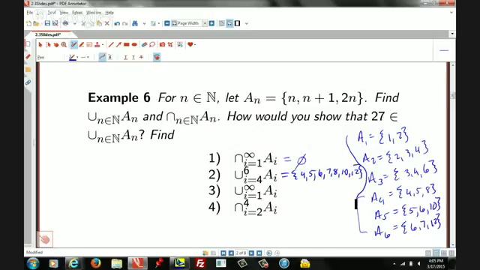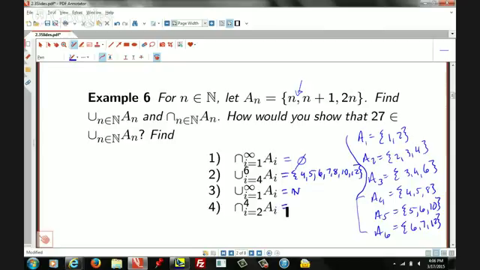What would be the union from i equals 1 to infinity when you put them all together? How about the naturals? Yeah, and we know it's going to be the naturals just by looking at that. That n in the naturals tells us that every value from the naturals has to be present. The naturals is the set of all the natural numbers, so you don't put it in a set. That's correct.